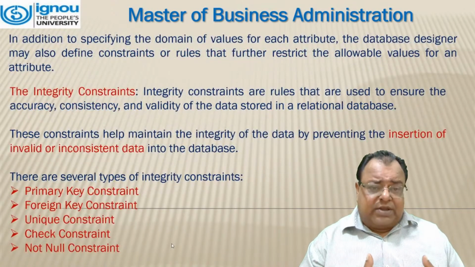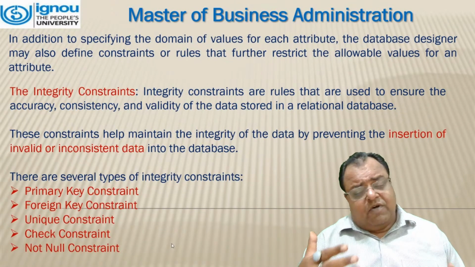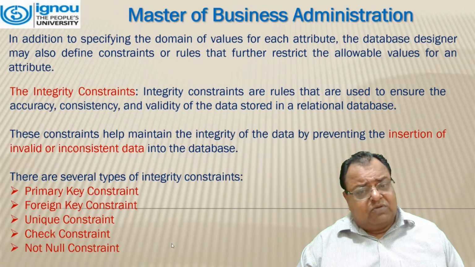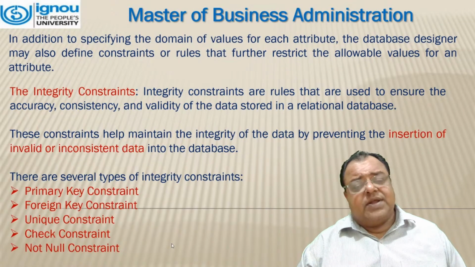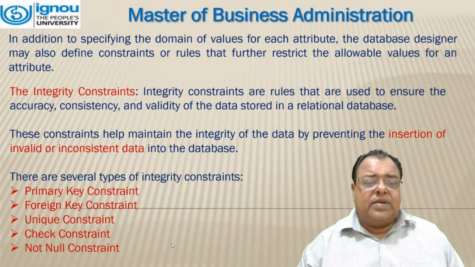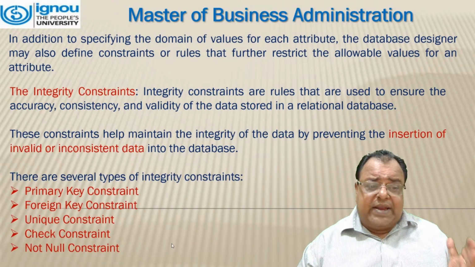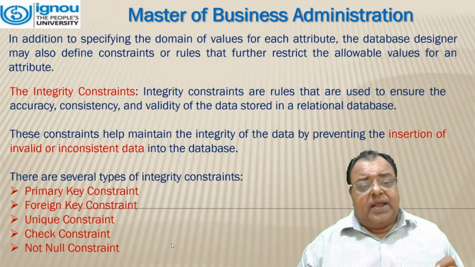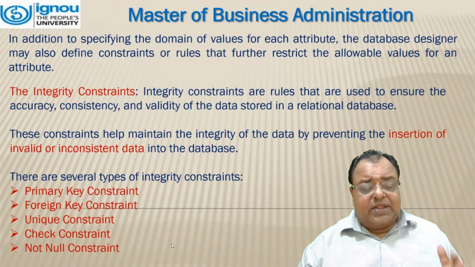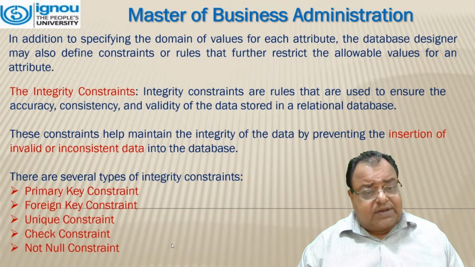In addition to specifying the domain of values for each attribute, the database designer may also define constraints or rules that further restrict the allowable values for an attribute. Then come integrity constraints. Integrity constraints are rules that are used to ensure the accuracy, consistency, and validity of the data stored in a relational database.